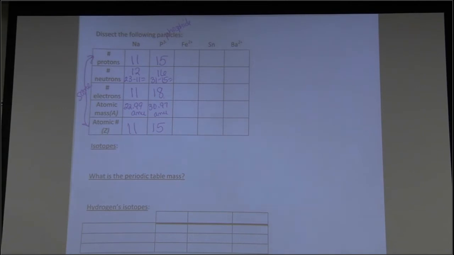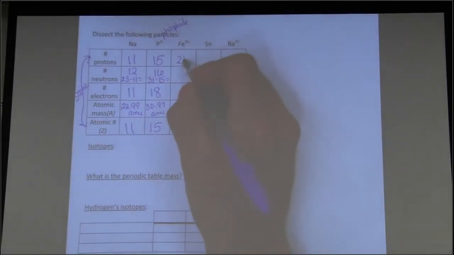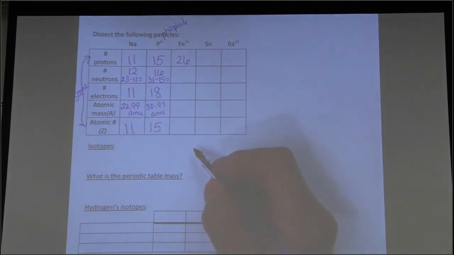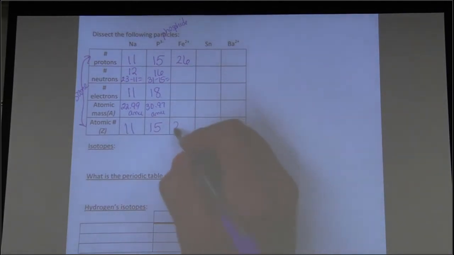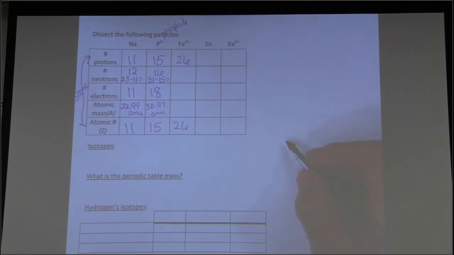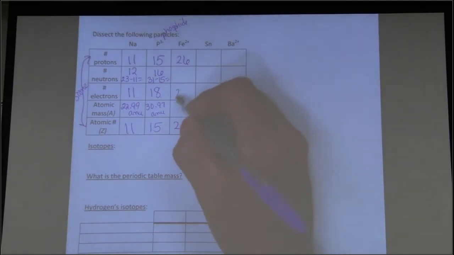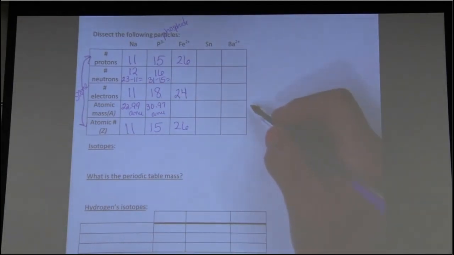All right, what do you have for iron protons? All right, what else is 26? Atomic number, good. Are the electrons the same as the protons? No. How many electrons are there? 24. Why? It's lost 2 because it has what charge?